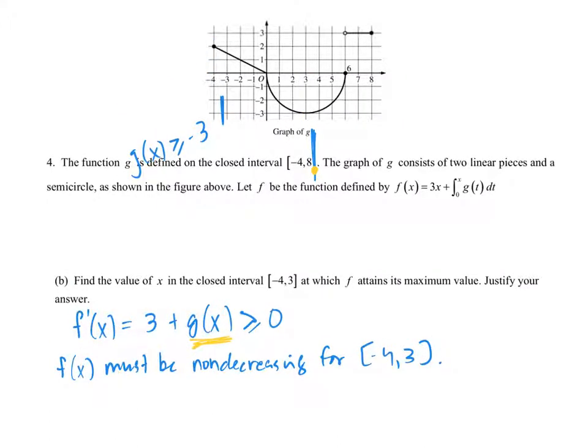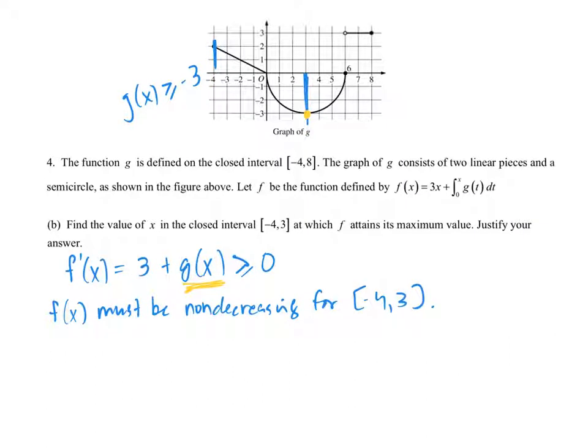So just over here, I'm going to sketch for you a picture of what f of x might look like. Let's just say here at -4 that the y value on f is here. And then if it does nothing until it gets to 3, then increases or stays the same, it might look something like this. And so just that little sketch shows me that the maximum value of f has to occur when x is equal to 3.